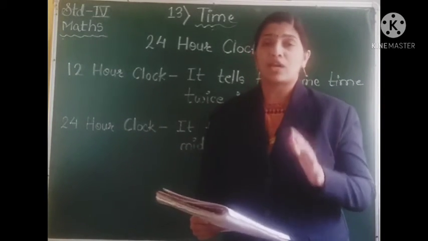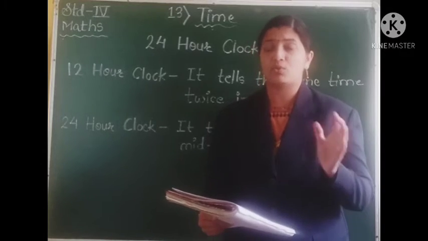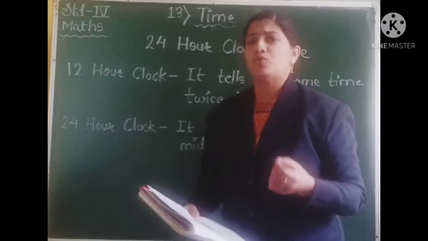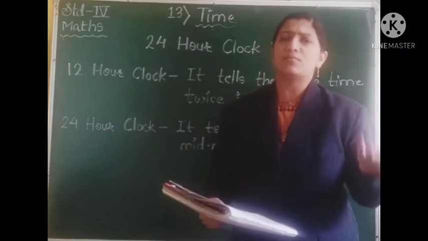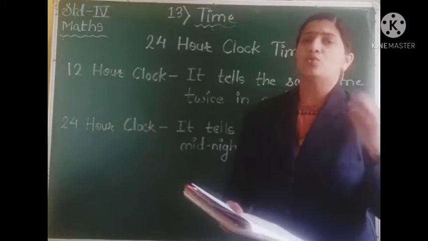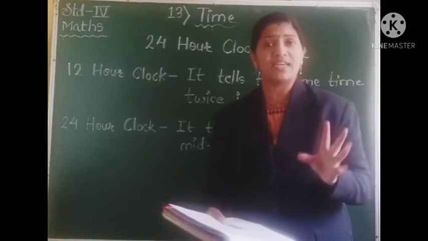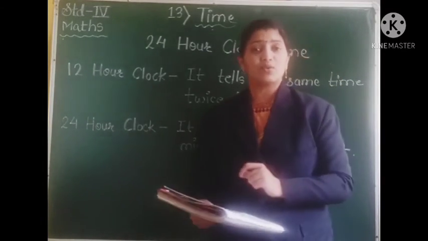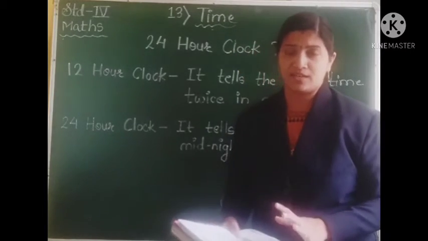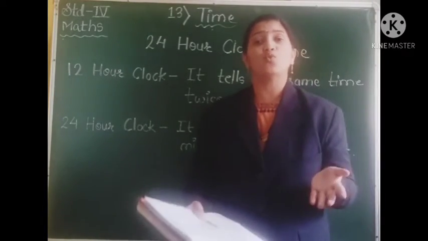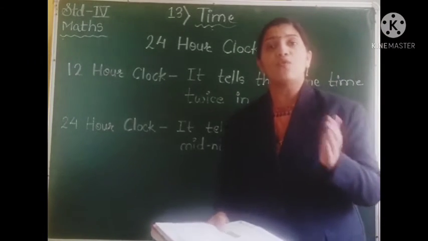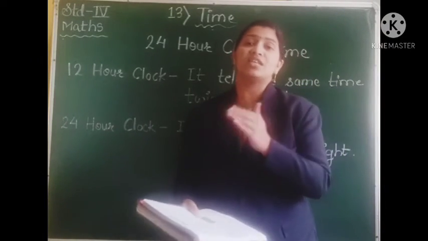But sometimes a confusion is caused because of this AM and PM. Suppose there is a person who wants to go to some other place and has booked a flight ticket, and the time given to him is 4:15, but he does not exactly know whether it is 4:15 am, that is early morning, or 4:15 pm, that is in the evening.